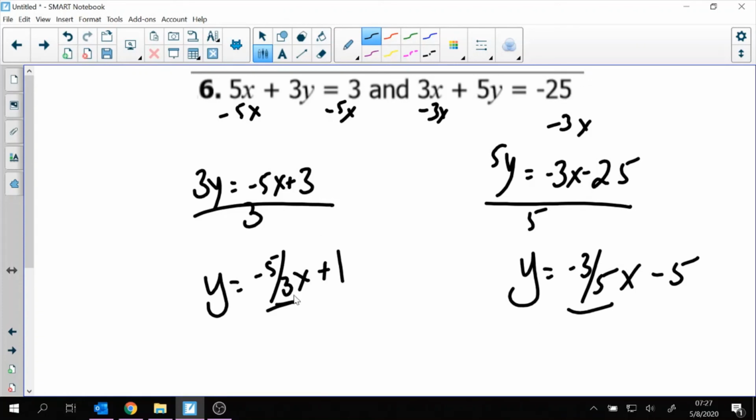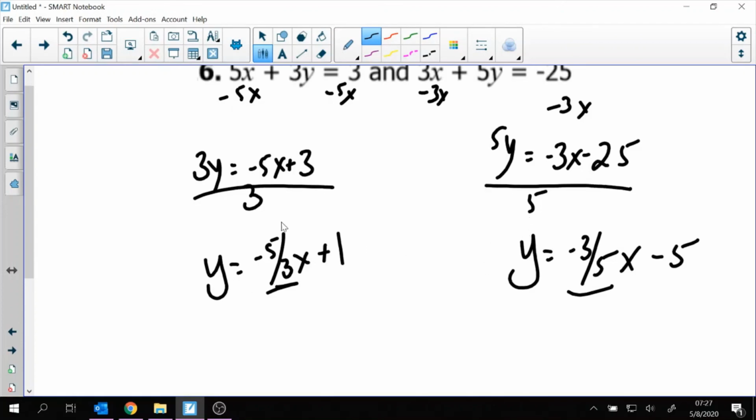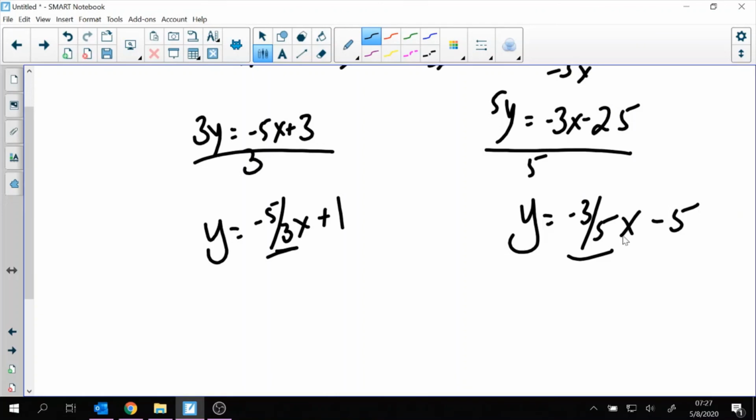So you notice these are not the same, so it's not parallel. You notice these are not negative reciprocals, because in order to be negative reciprocals, one has to be positive and one has to be negative. Well, these are both negative. So that means the only option left is either.